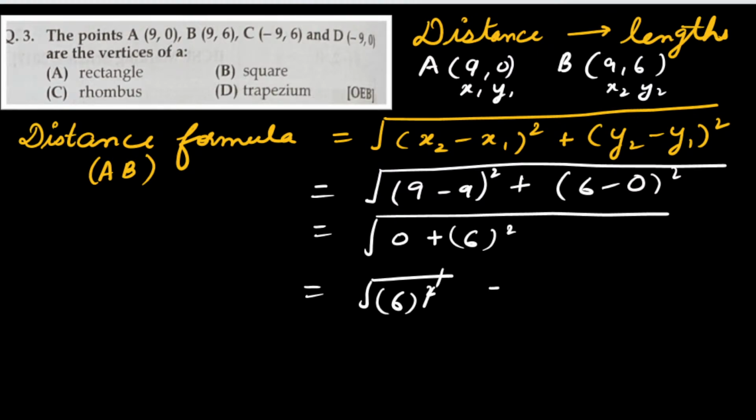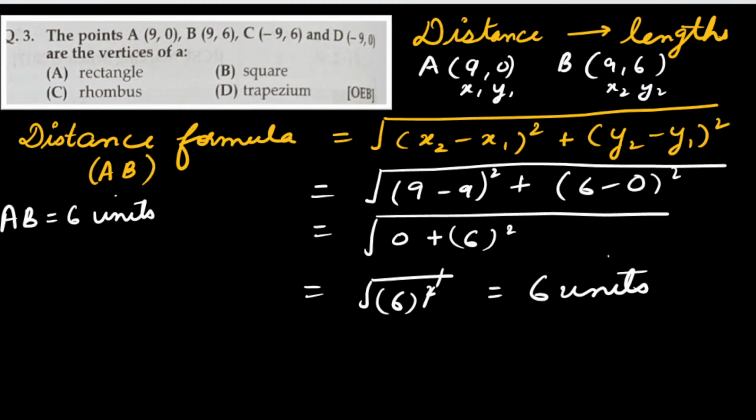The square and root cancel, or you can write the square root of 36, which is also 6. So 6 units. AB is equal to 6 units. I hope you are also getting the same answer.